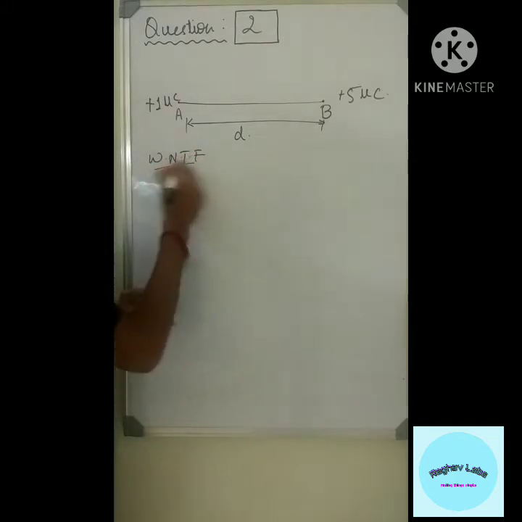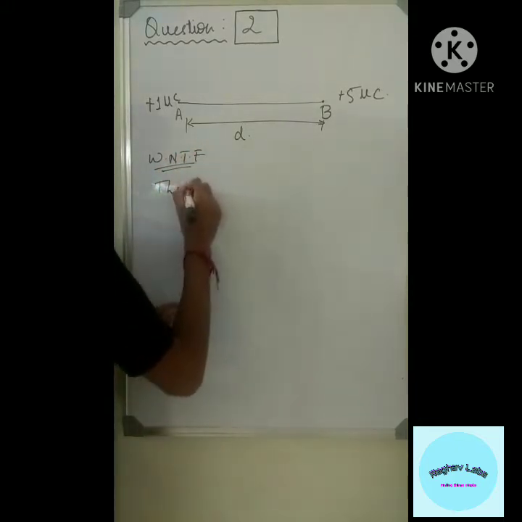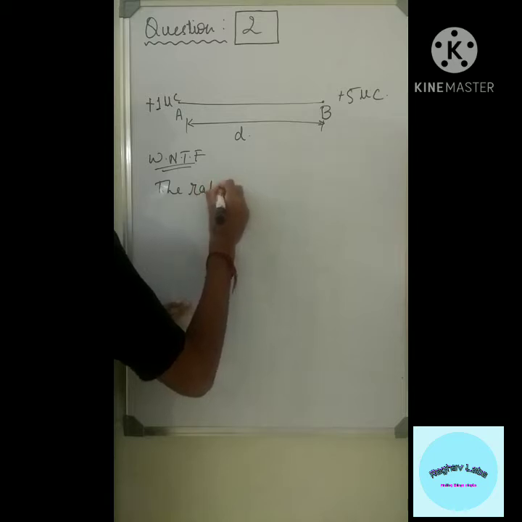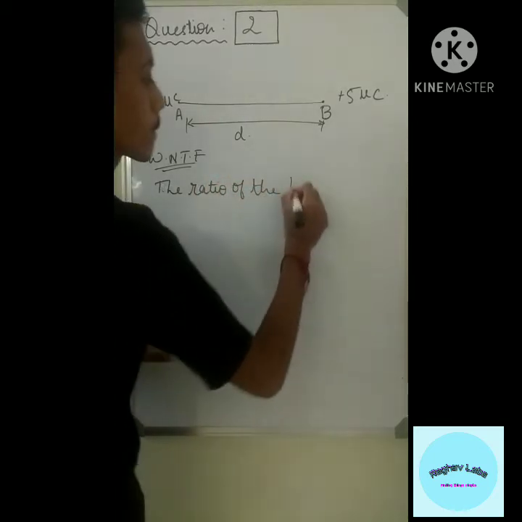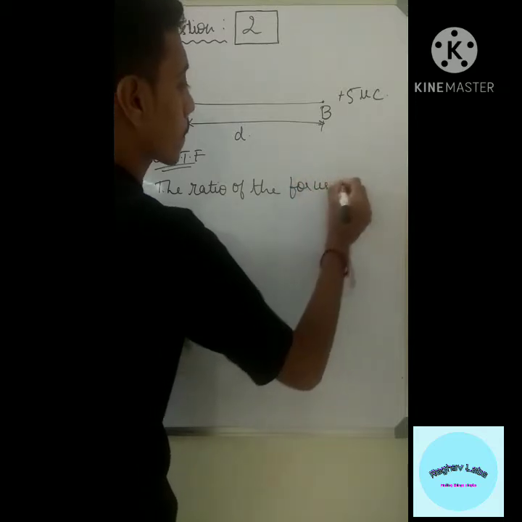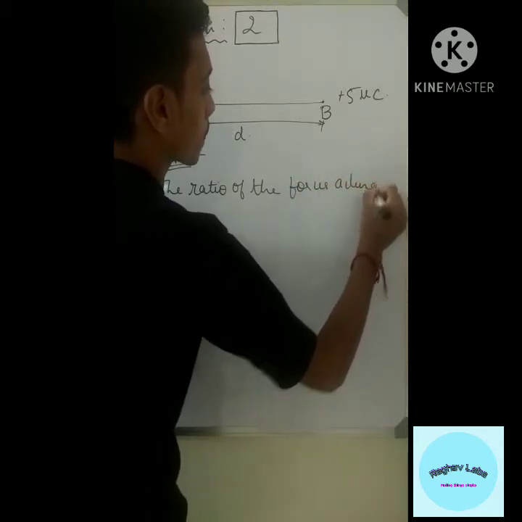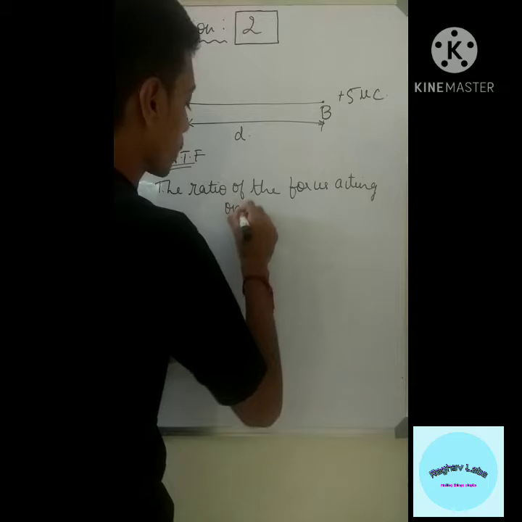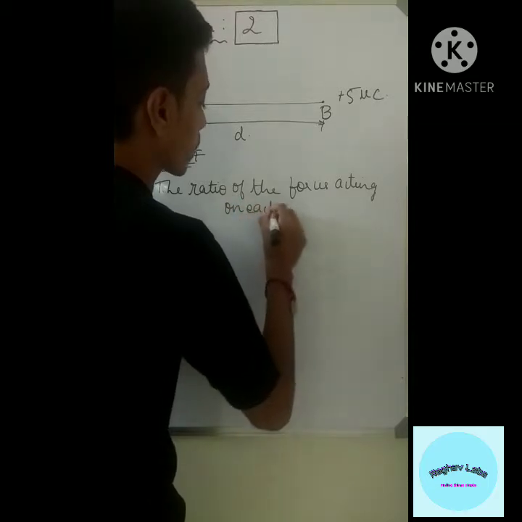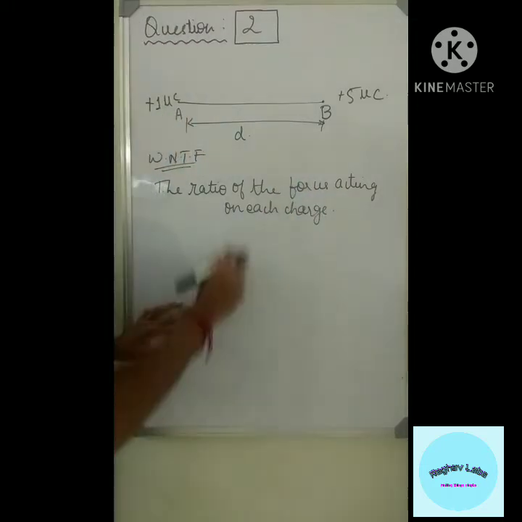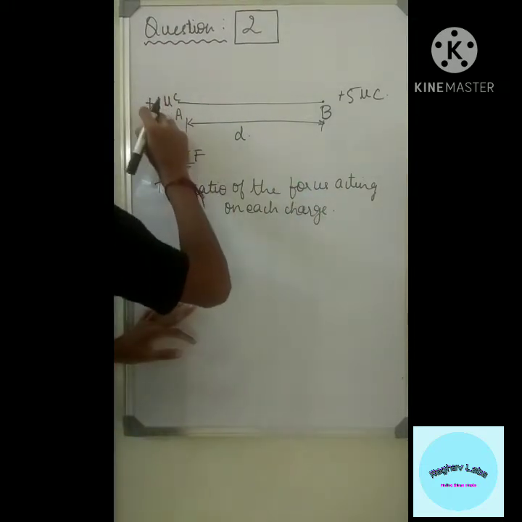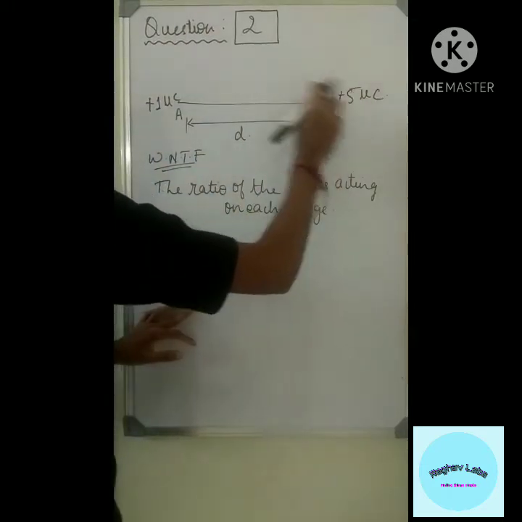We need to find, that is, the ratio of forces acting on the two charges, right? On each charge. So we are given that only two charges are present in space.